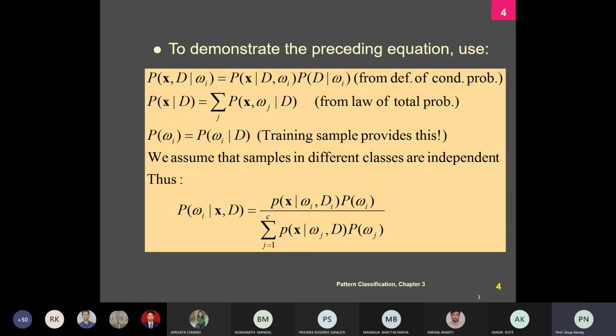The set capital D contains samples drawn independently according to a fixed unknown probability distribution, P(x). To determine P(x|D), this is called the central problem of Bayesian learning. So you have to determine P(x|D), where you have a set D of samples drawn independently according to a fixed unknown probability distribution P(x).